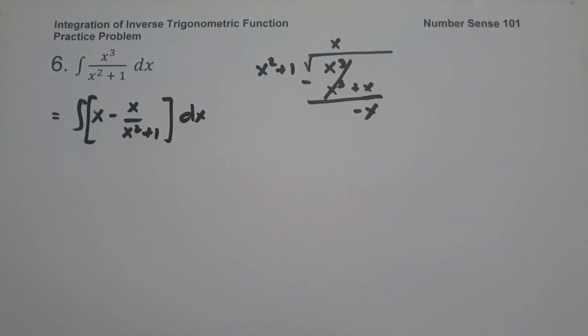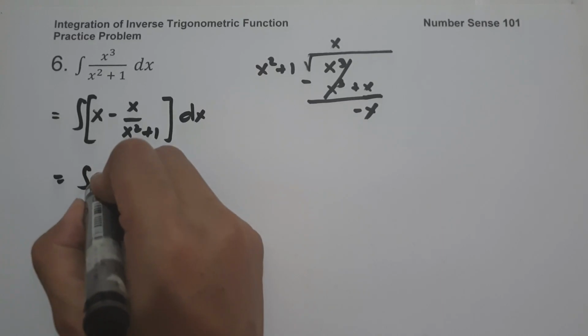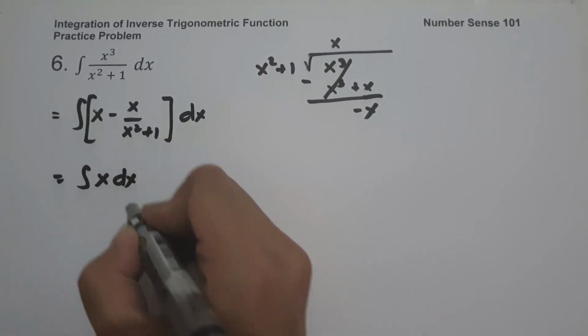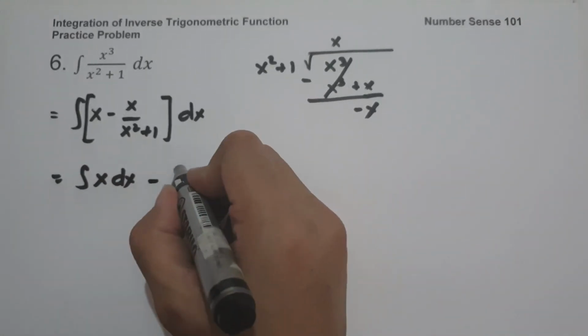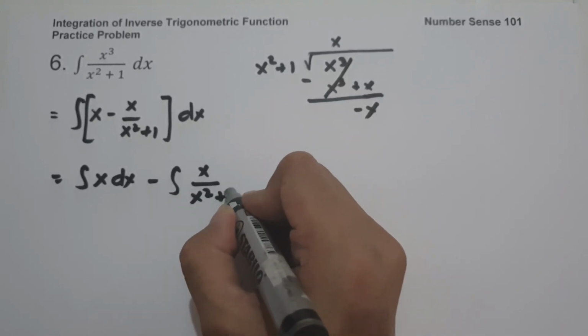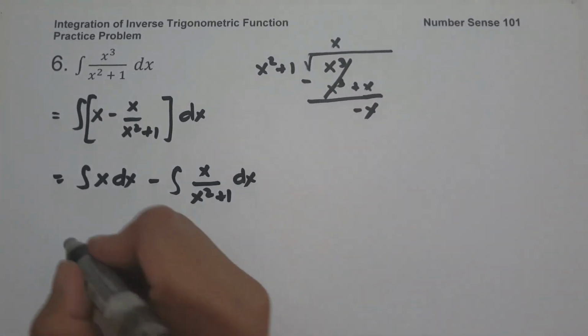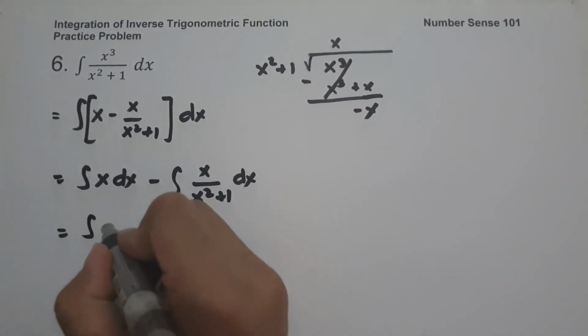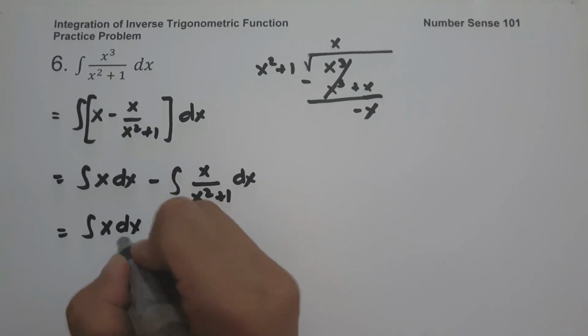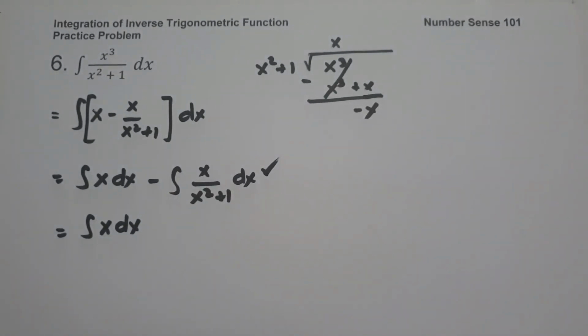So we can separate this one as the antiderivative of x dx minus the antiderivative of x over x squared plus 1 dx. So let us rewrite the antiderivative of x dx, and this one can be solved using u-substitution.